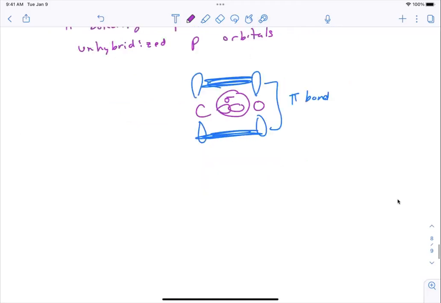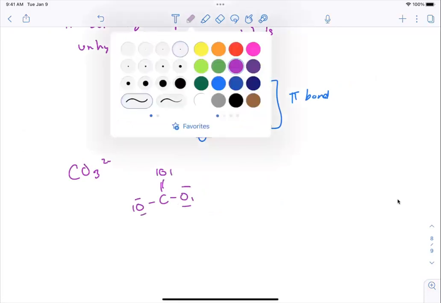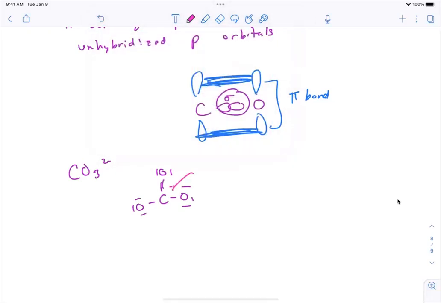So let's say, for example, remember CO3 2 minus? This carbon, the one I'm pointing to here, how many sigma bonds does it have linked to it? 3. One for each oxygen. So 3 sigma bonds, 0 lone pairs.